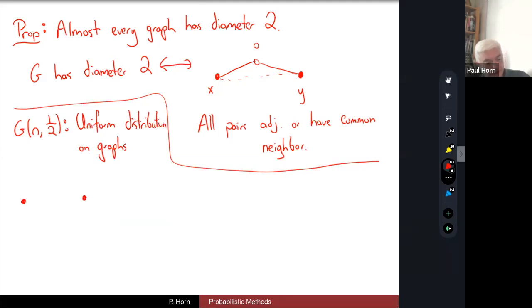And I fix an x and a y, and I ask, what is the expected number of common neighbors?